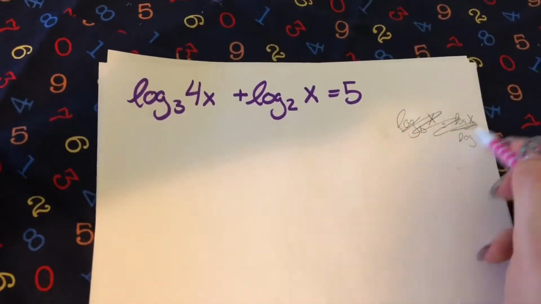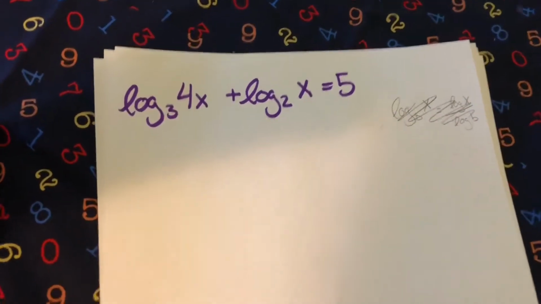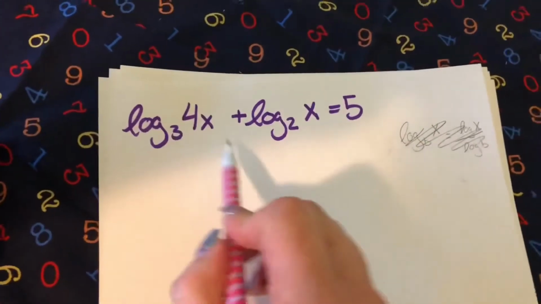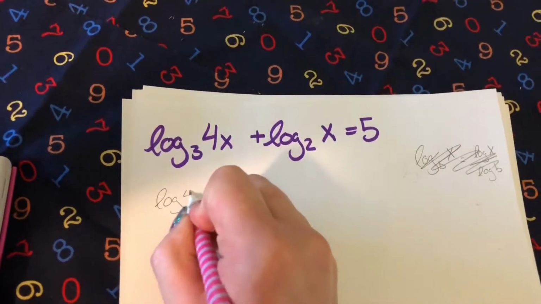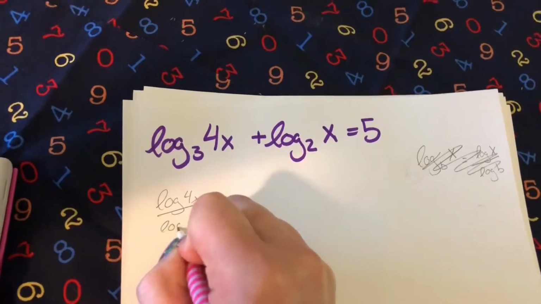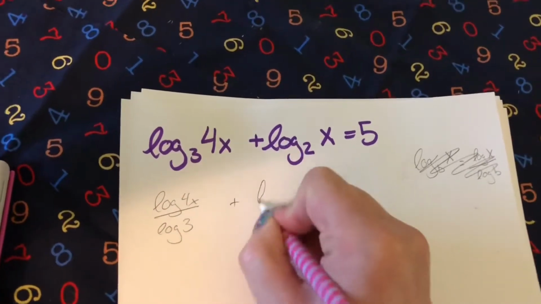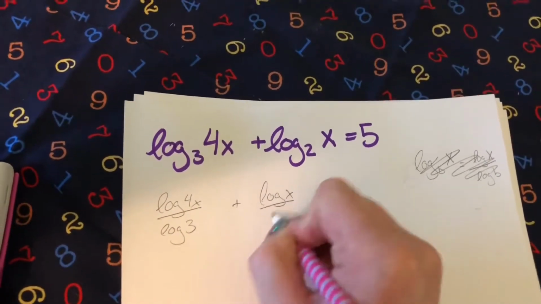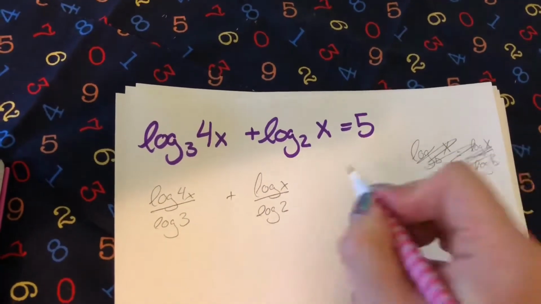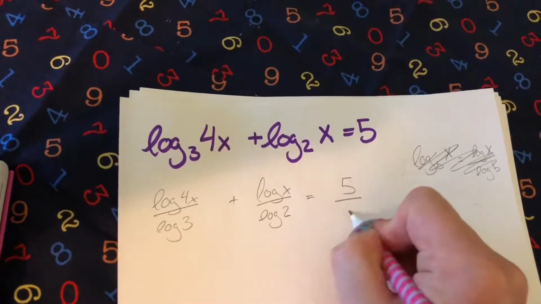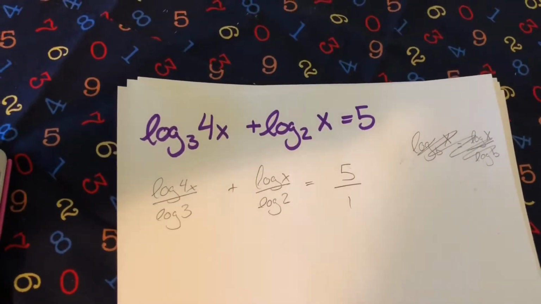Okay, so let me just, so we don't get it confused with what we're actually doing, I'm just gonna convert these into being the common bases. And just for those of you who have a hard time with fractions, I'm going to put the 5 over 1 so you can see that we're dealing with all fractions.